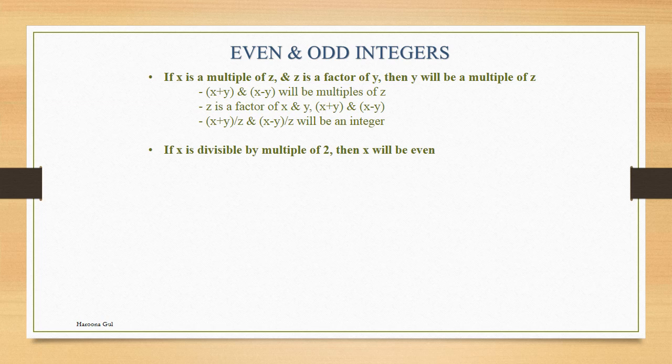Now, if x is a multiple of z and z is a factor of y, then y will be a multiple of z. For example, let x equal 6, y equal 4, and z equal 2.